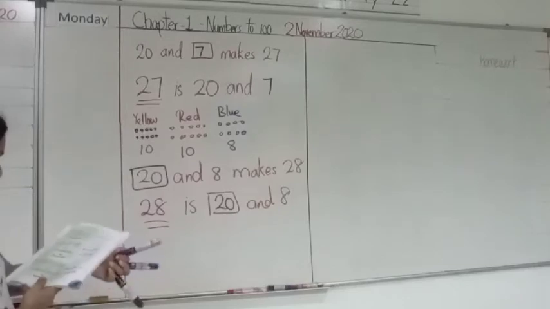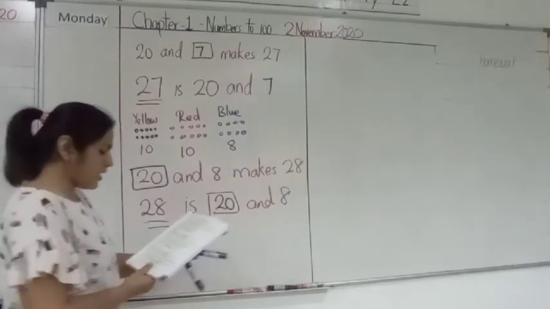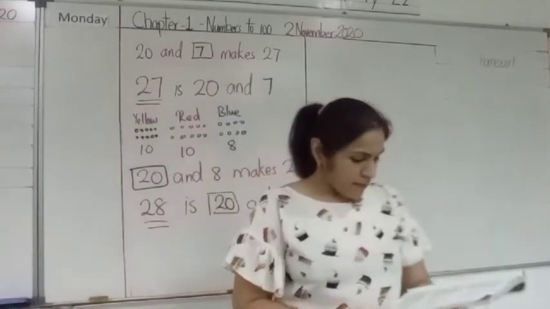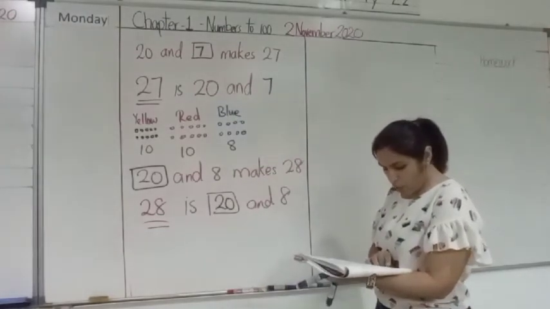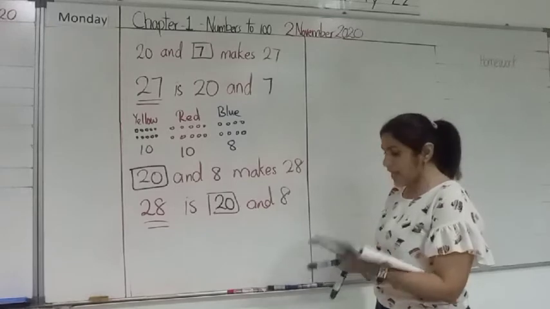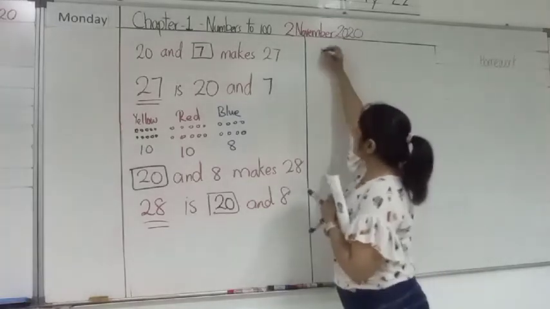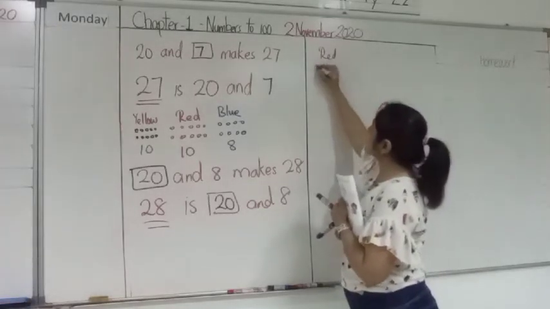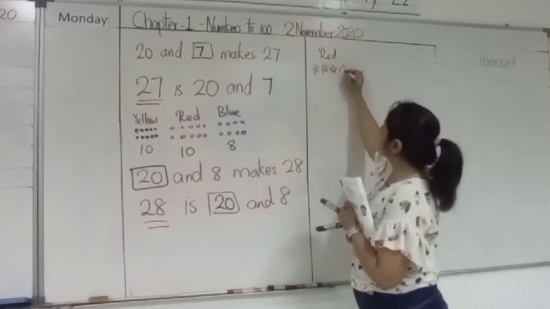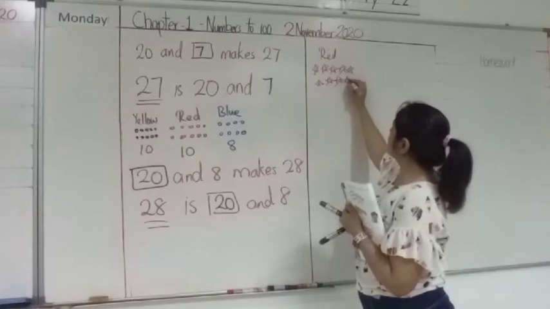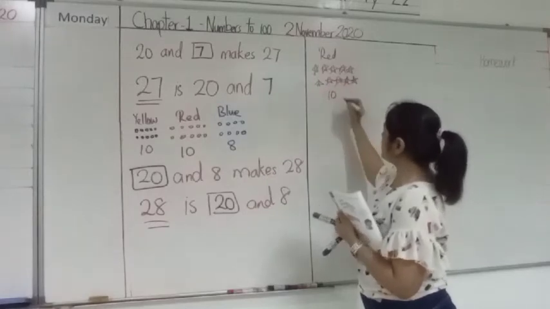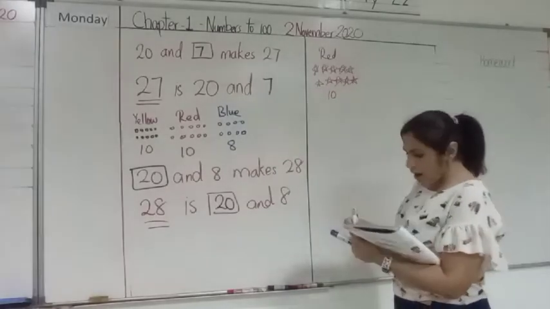Now look at the stars. The same thing. Green, blue, red. How many red stars do you have? 1, 2, 3, 4, 5, 6, 7, 8, 9, 10. 10 red stars. Write down 10 under the red stars.